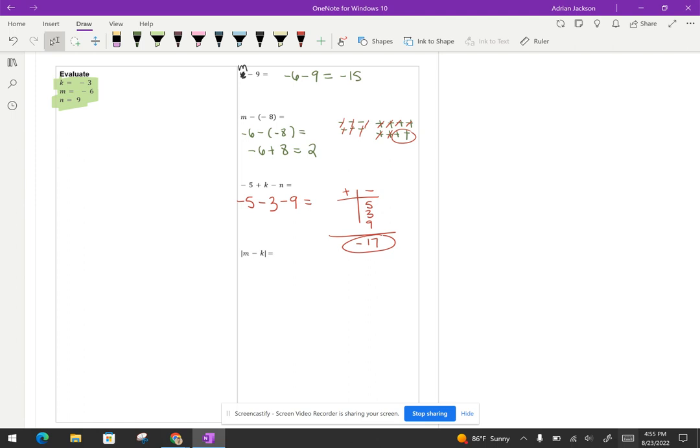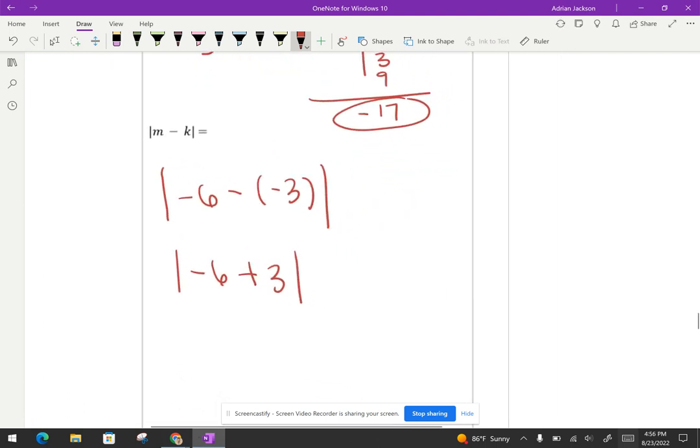All right, then we have the absolute value of M minus K. So the absolute value, M is negative 6 minus K, and K is negative 3. So I'm going to have to do minus a negative 3, which becomes a plus. So this is really the absolute value of negative 6 plus 3. And this one I'll show you the chart way if you need help with that.